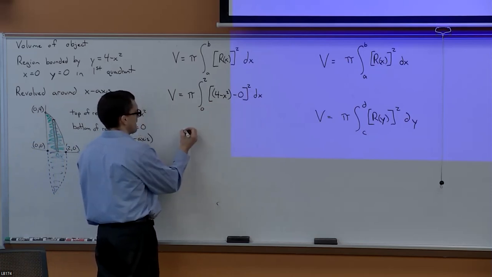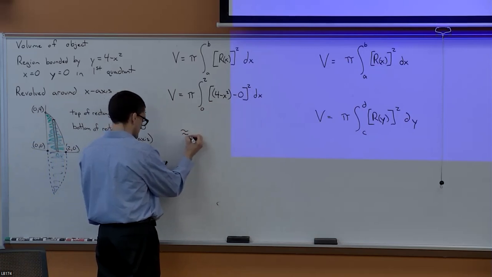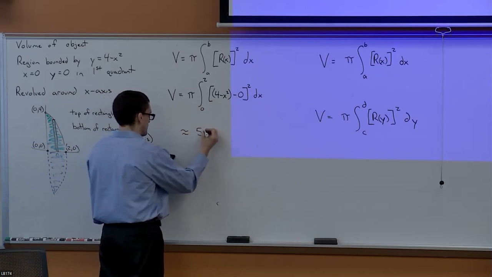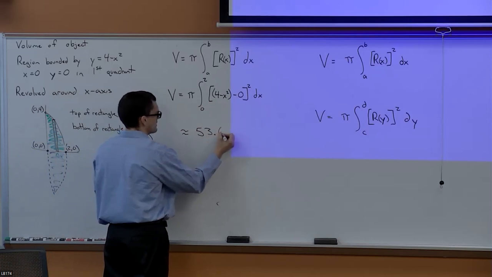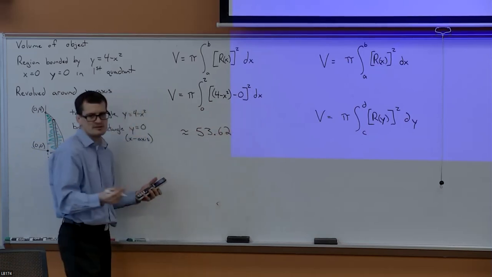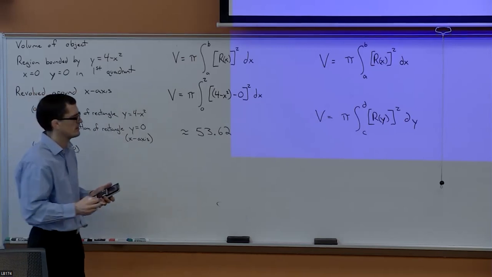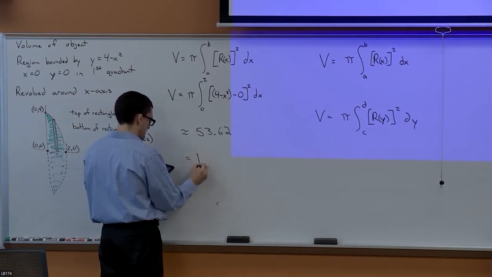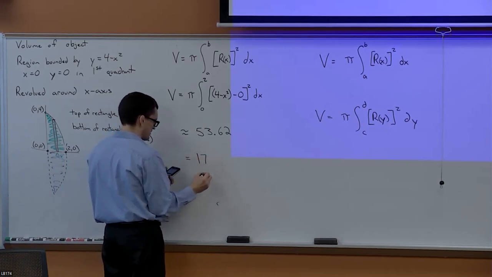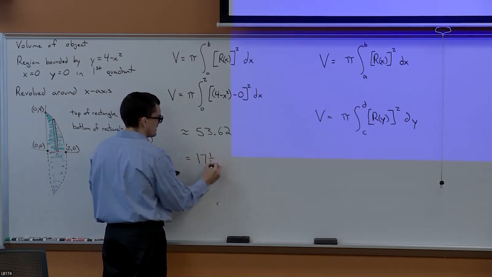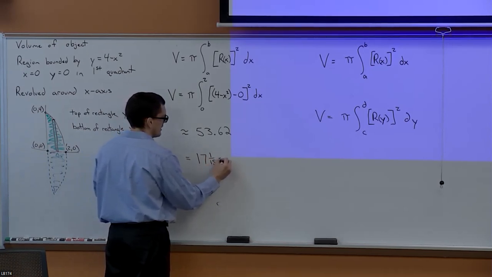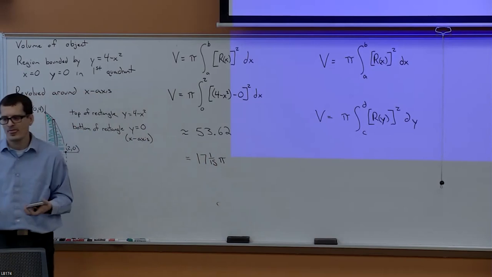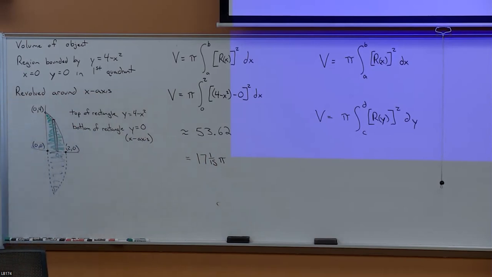If I times it by pi, it's about 53.62. That's the answer that Moodle's gonna probably ask you for. If you wanted the more exact answer, it's 17 and 1/15 times pi. Or 256 over 15 times pi.